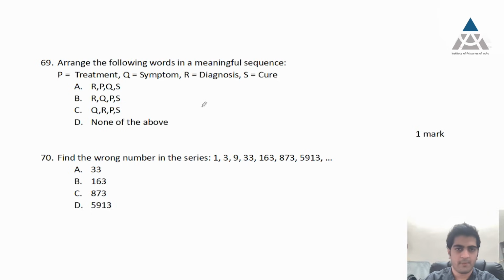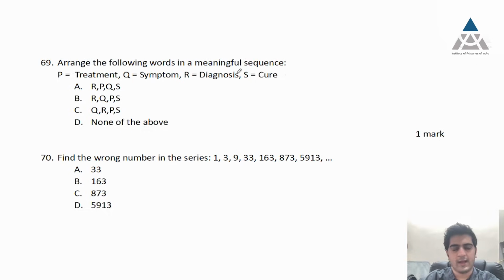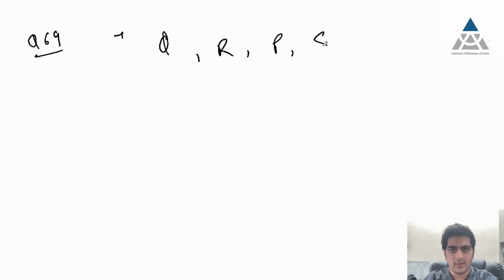So that's your symptom. Then you will go to the doctor, you will get a blood test, so you will get your diagnosis. After which the doctor will prescribe you paracetamol or Dolo 650 or something like that. That is your medicine. So that's P. And finally you will be cured of your illness, that is S.